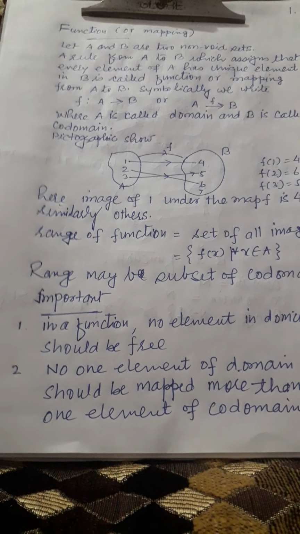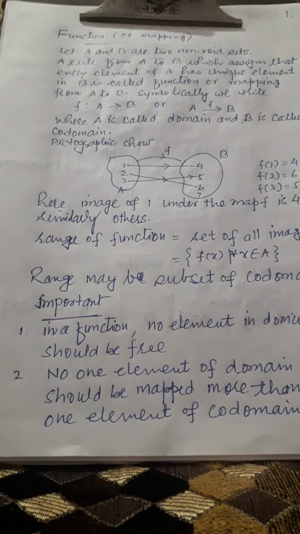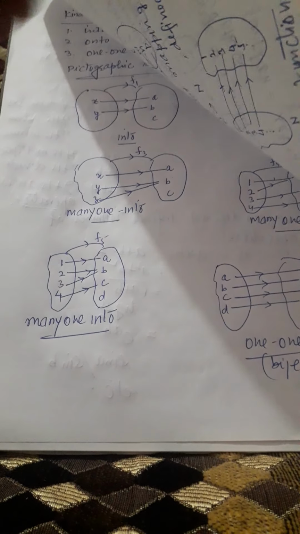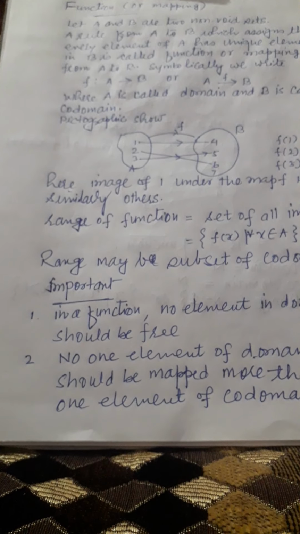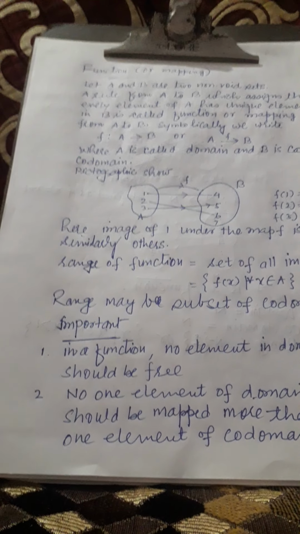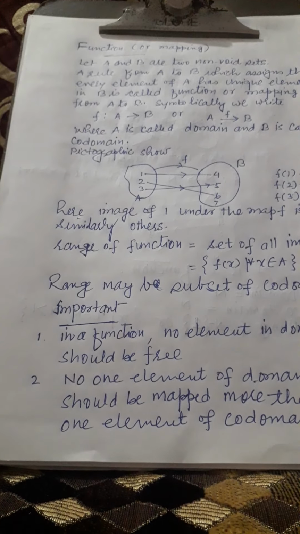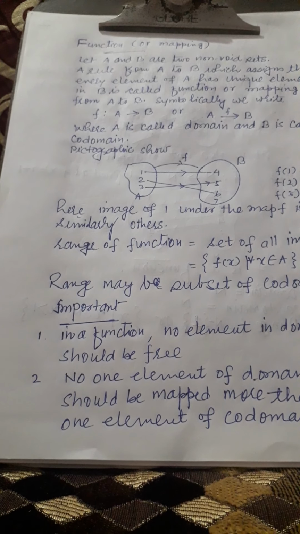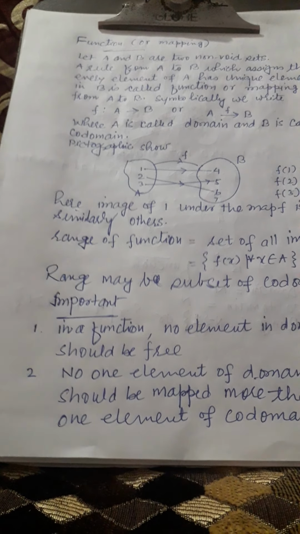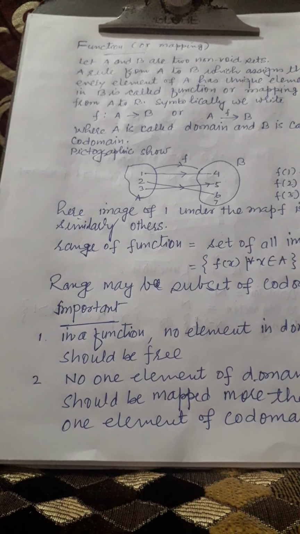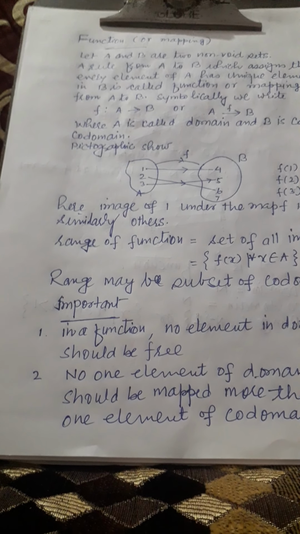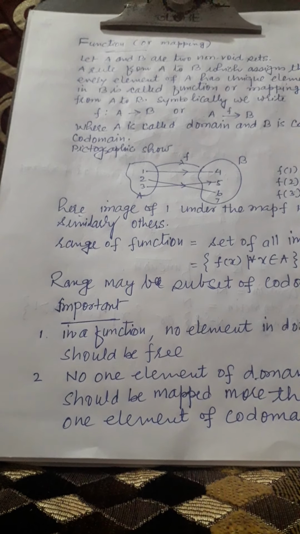So let us define the function theory. Let us consider that A and B are two non-void sets. Non-void sets means the set contains at least one element. It means they are not empty sets.